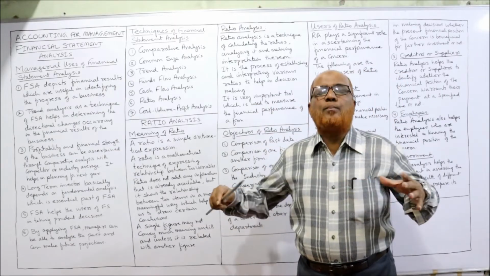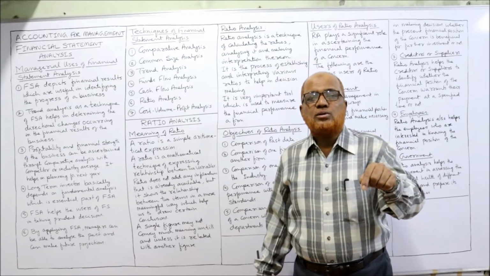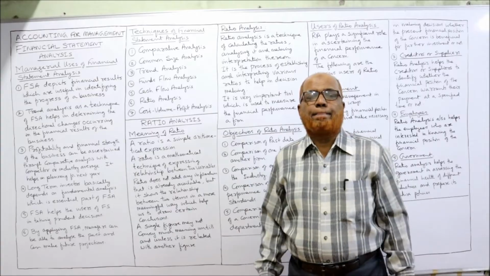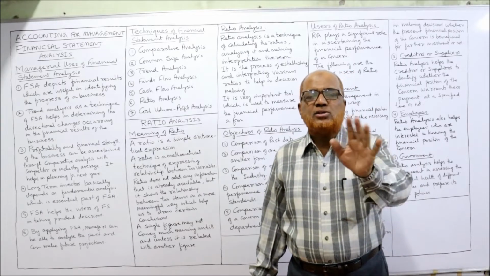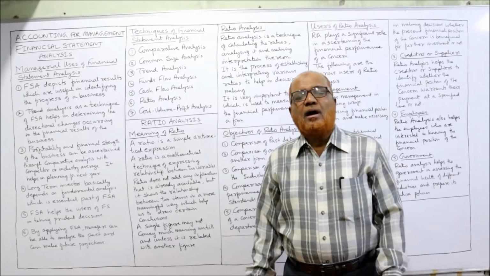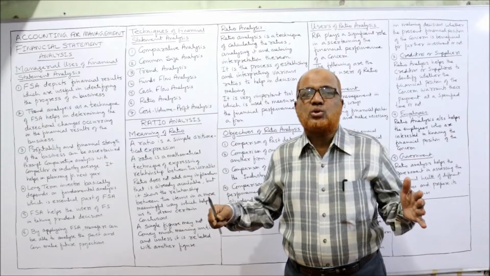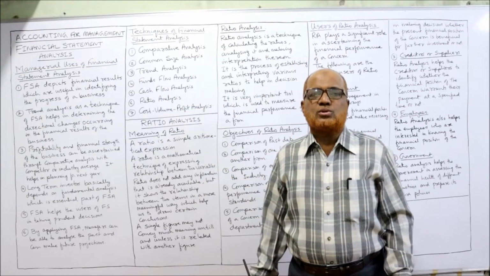Ratio analysis is the process of calculating the ratios, analyzing and making interpretation. One point you remember: simply calculating the ratio is not the end of the matter. After calculating the ratio, we have to analyze all the ratios and give the interpretation of the ratios.